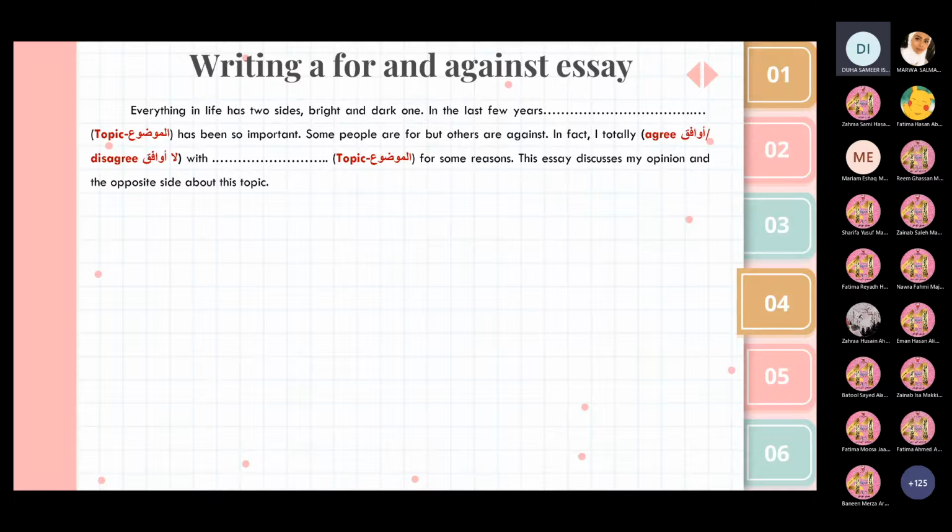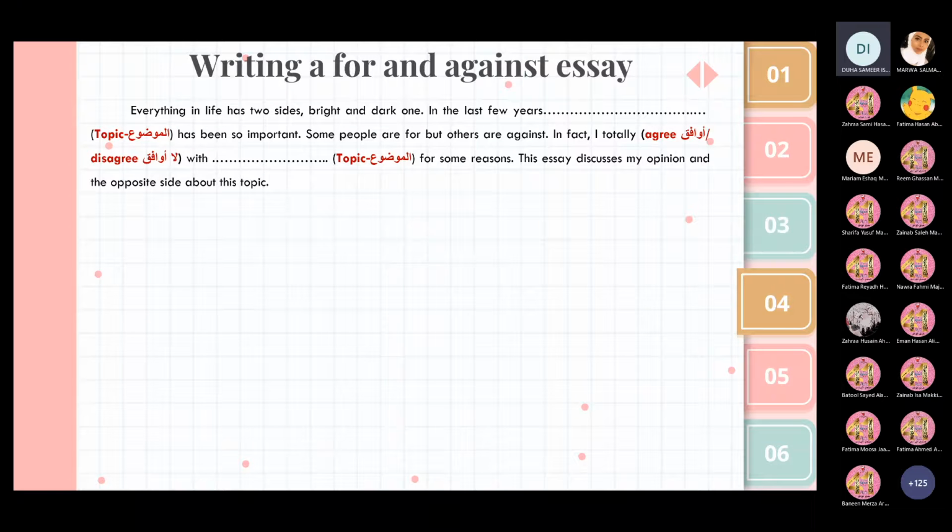Again, I remind you that the topic will be in the question itself. So be careful while reading the question. You'll get the topic from there. Okay? Also, you need in the introduction to mention your opinion. Do you agree or disagree with the topic؟ هل أنت توافقين أو ما توافقين مع الموضوع؟ إذا توافقين you're going to write I agree.